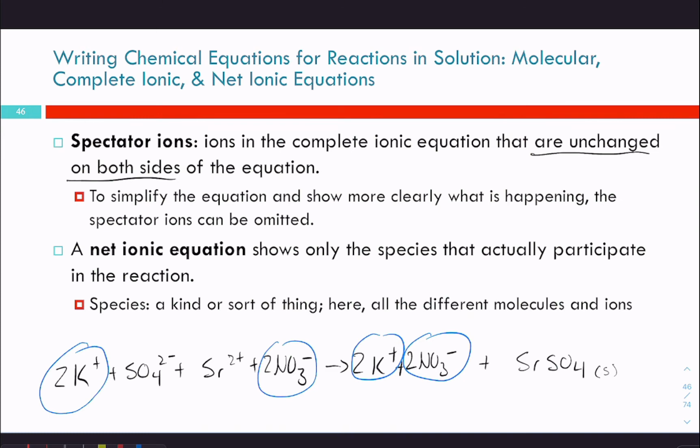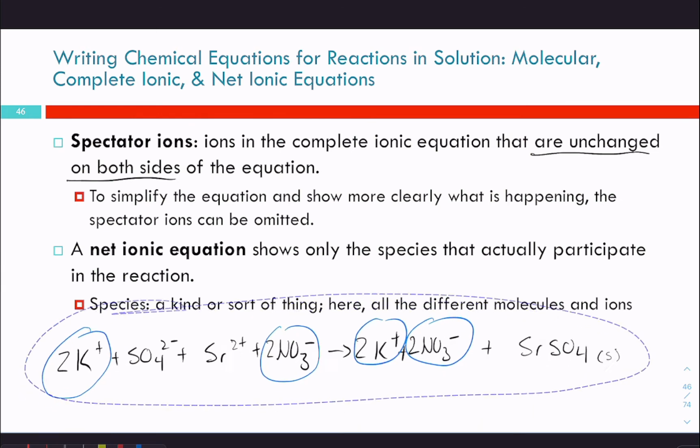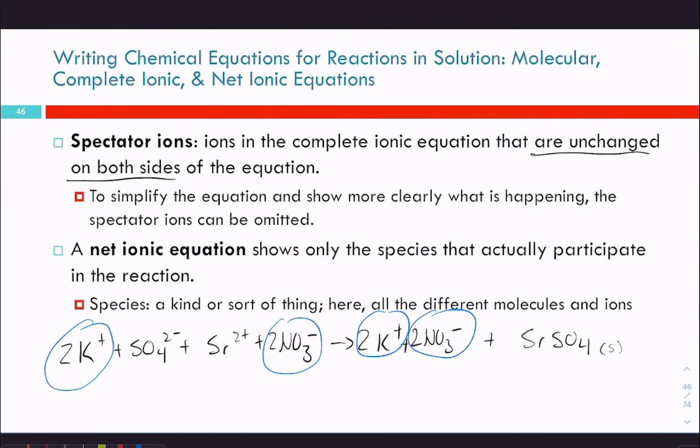So our reaction equation could be simplified into the net ionic equation. We would just have Sr2+ plus SO4 2- reacts to form SrSO4 solid.